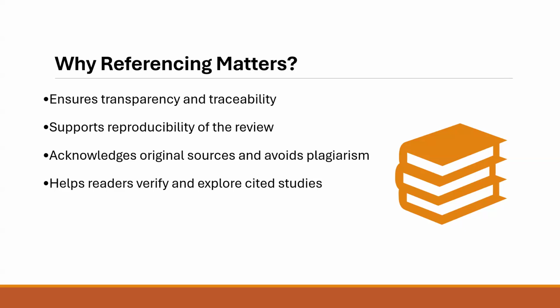You can read those sentences, understand and modify them, and write them in your systematic review. It also helps readers verify and explore cited studies. Readers can go back and see the studies you have cited, and explore them further.